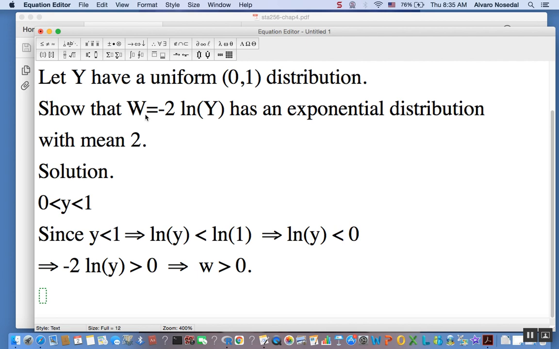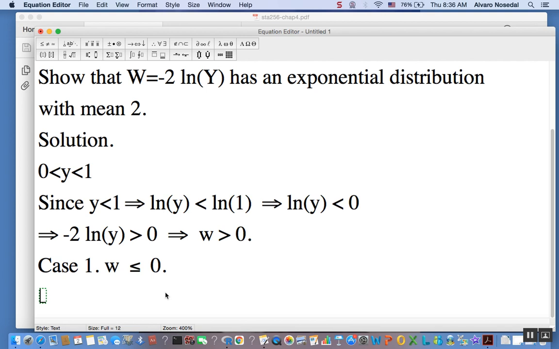So anyway, let's take care of the first case. Case 1: what happens if W is less than or equal to 0? So let's find the CDF in that case.